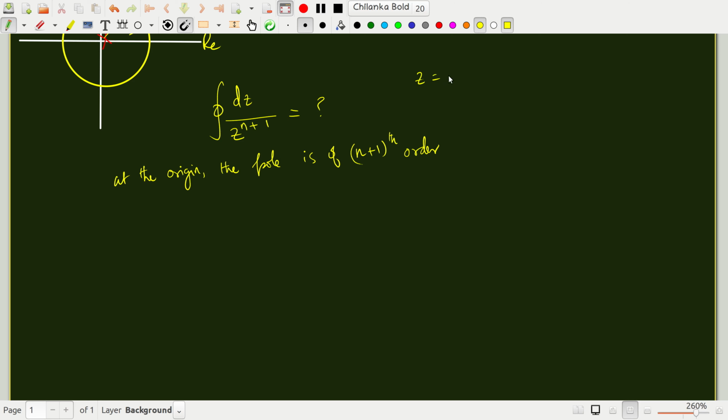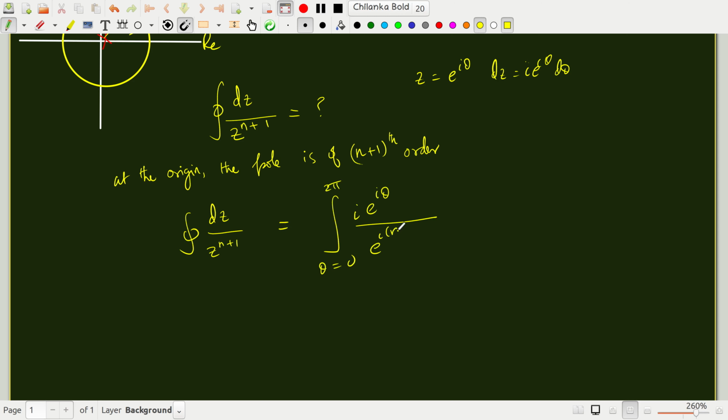So z is e to the i theta, dz is i e to the i theta d theta, and therefore the integral becomes the integral from theta 0 to 2 pi of i e to the i theta by e to the i (n plus 1) theta d theta, that is i times the integral from 0 to 2 pi of e to the minus i n theta d theta.